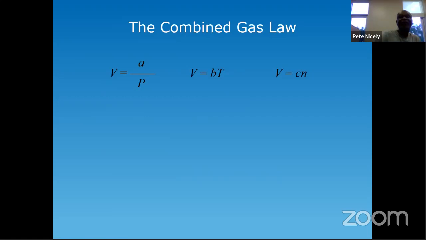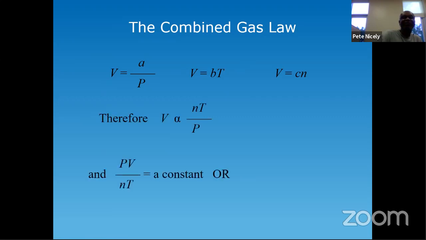All righty. So we have learned 3 laws so far, and you'll notice that in each case, you hold 2 things constant. So it begs the question, what if everything changes? What if the volume, pressure, temperature, and the amount of gas change?